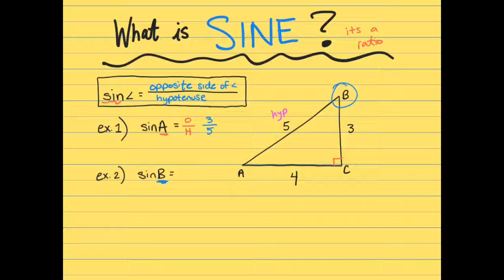I know that the sine ratio is opposite over hypotenuse. So I'm thinking, what is the opposite side from angle B? Well, it's 4. And my hypotenuse is still 5 because that right angle is still pointing to the 5. So we just found sine of angle A and sine of angle B.